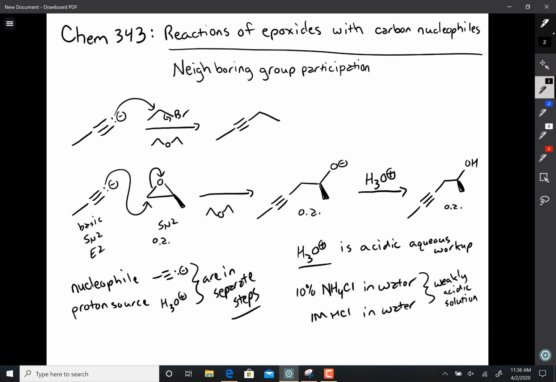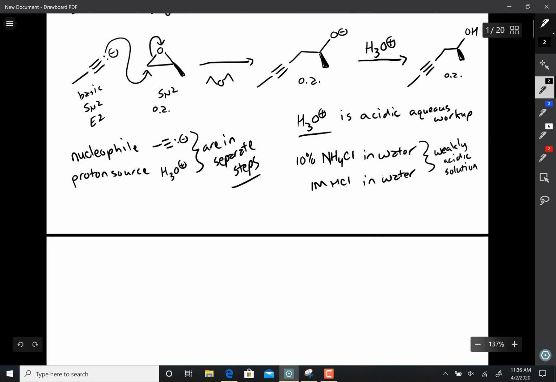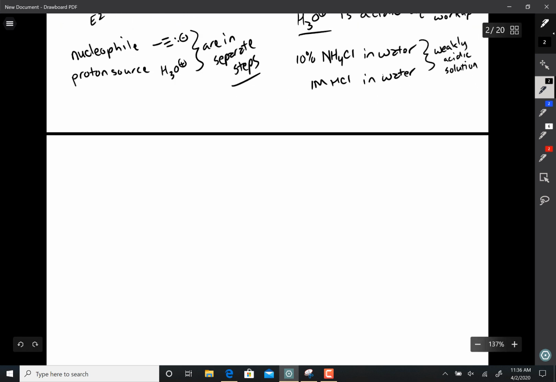This is vitally important, because the issue is, say you had a reaction of an alkoxide in ethanol with the epoxide. The product is this.